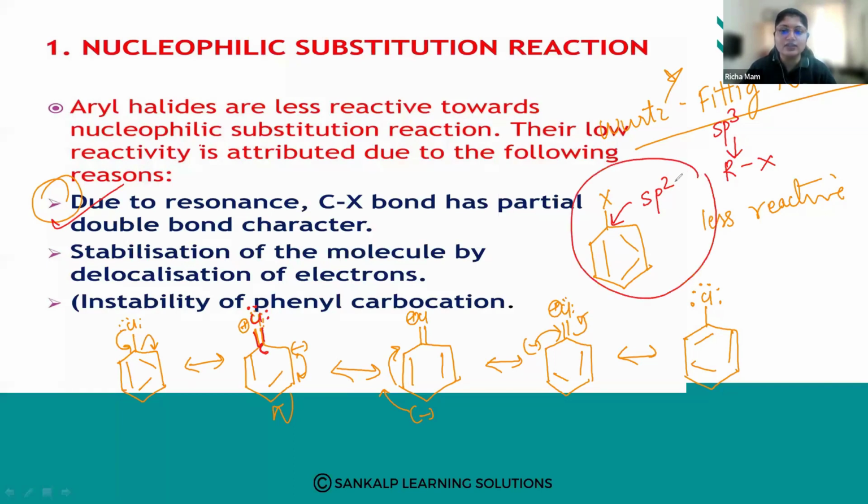As you see, the aryl halides have sp2 hybridized carbon, and sp2 hybridized carbon has greater s character and therefore is more electronegative. What it will do is tend to hold the electron pair more tightly. The C-X bond electron pair is held more tightly as compared to the sp3 carbon in alkyl halides, and thus it is very difficult to break this C-X bond as compared to that in the haloalkanes.